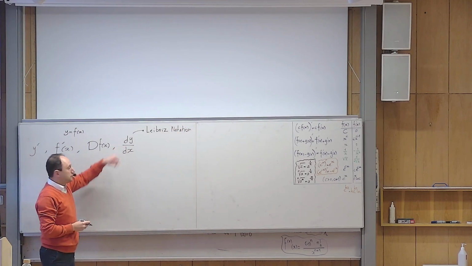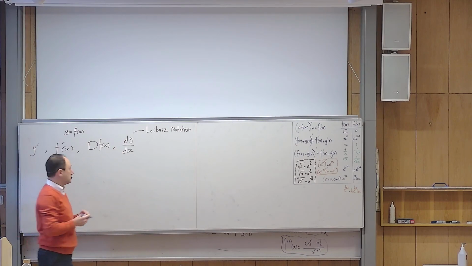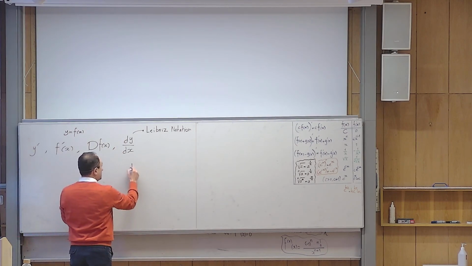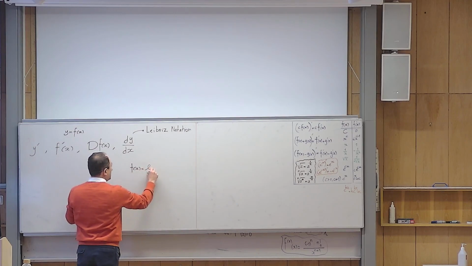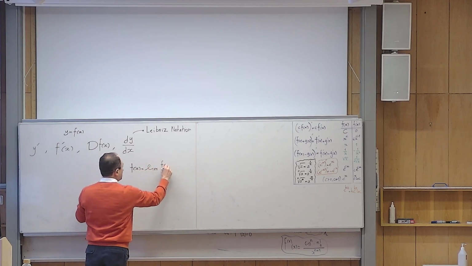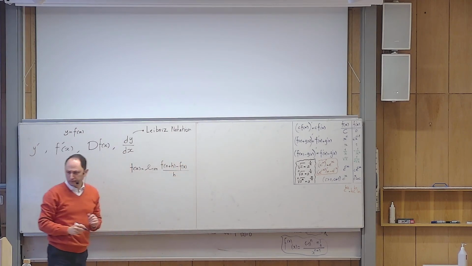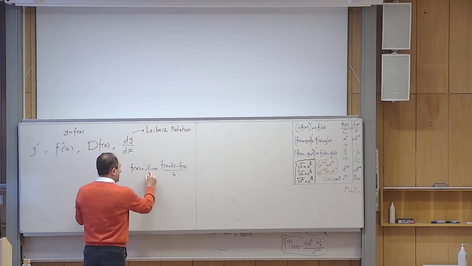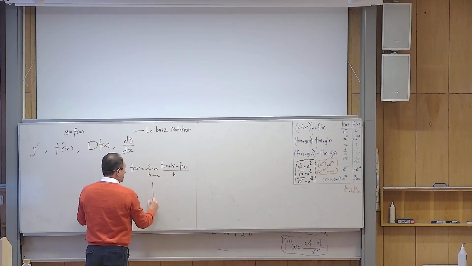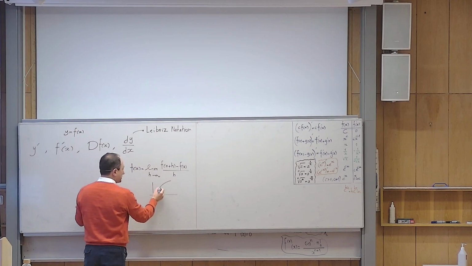By the way, it is not very strange that you come up with this, because do you remember the definition of the derivative? The definition of the derivative is f of x plus h minus f of x over h, as h goes to 0. So if I want to draw a picture for you, if this is your function, let us say this is x, and this is x plus h.